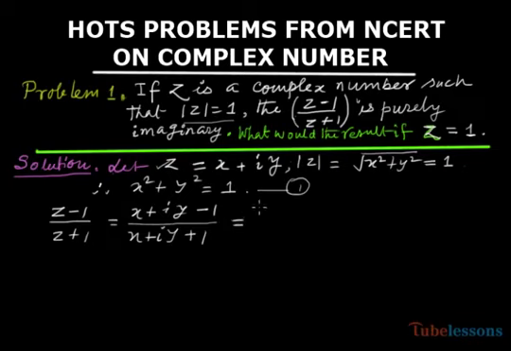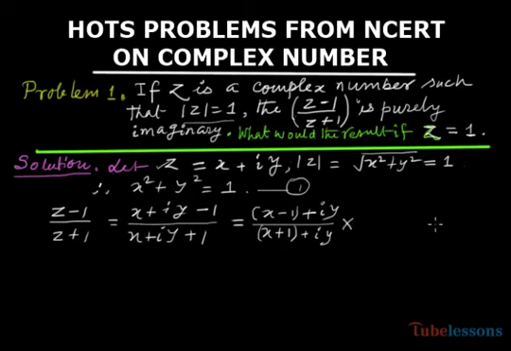So this is equal to, the real part is x minus 1 plus iy, and then x plus 1 plus iy.